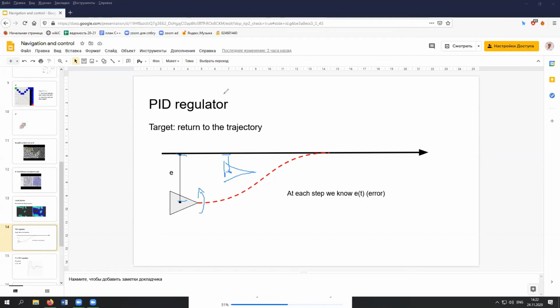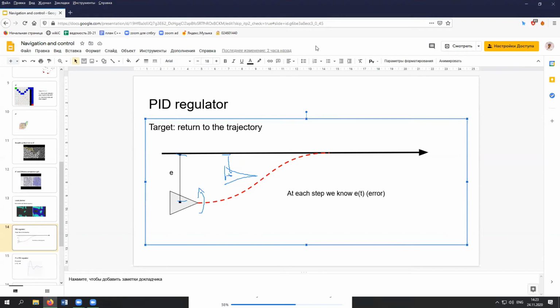Well, I guess it's true. If we are here, we have to rotate to the left less than if we are here. The further we are from the real trajectory, the more we should rotate for faster joining the trajectory.